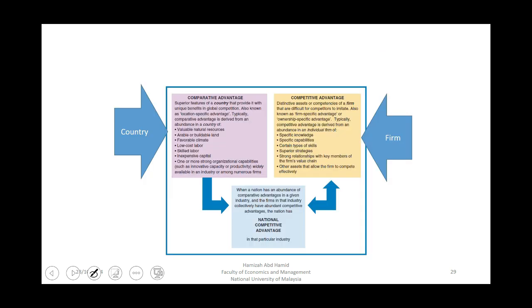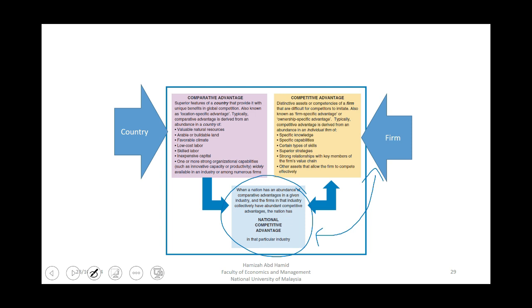So essentially, a nation can become competitive when it has an abundance of comparative advantage in a given industry through the firms. And firms, collectively in a specific industry, have abundant competitive advantage. But this has to be in interaction with the firm.